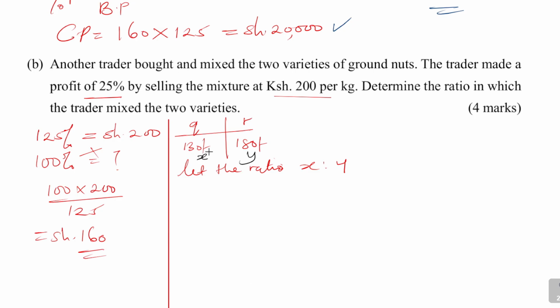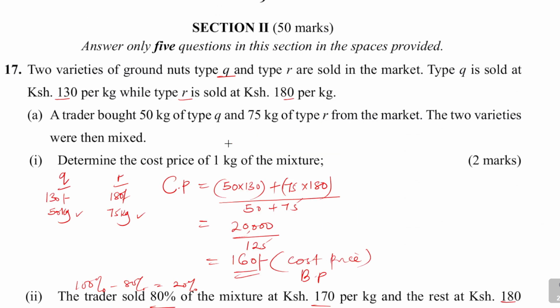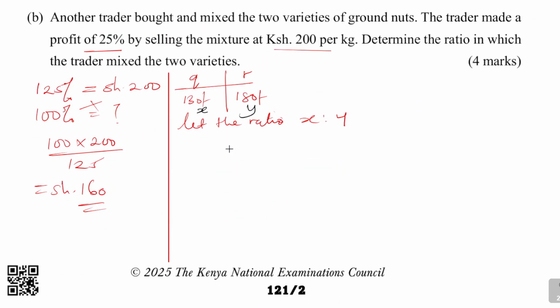So we have the selling prices here. We're given from the first statement that type Q is sold at 130 per kg and R is sold at 180 per kg. That is why we got 130 and 180.